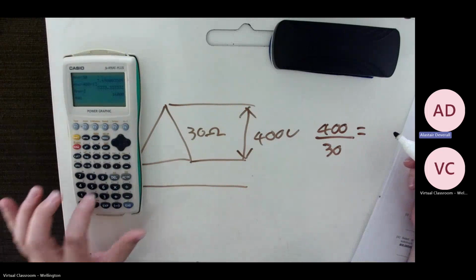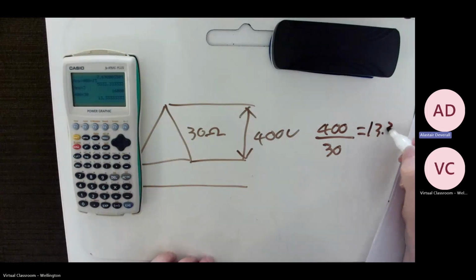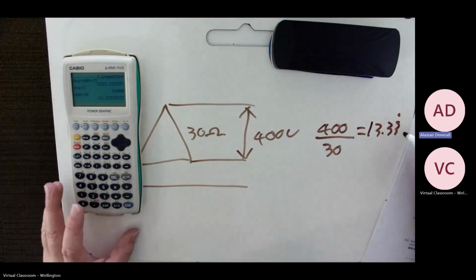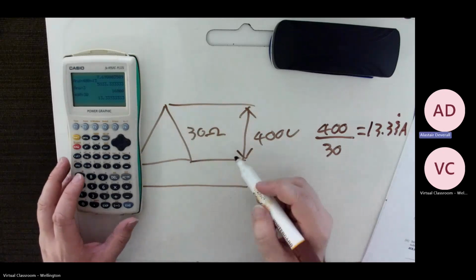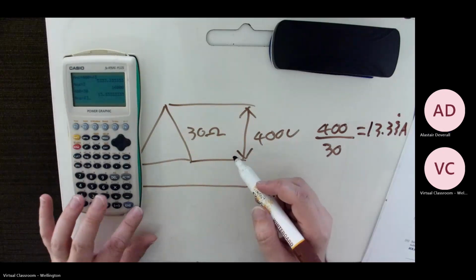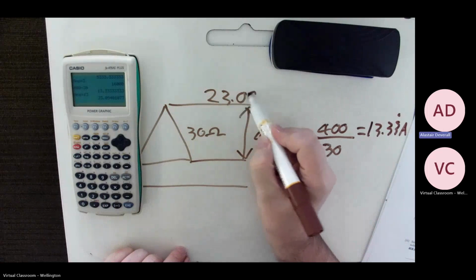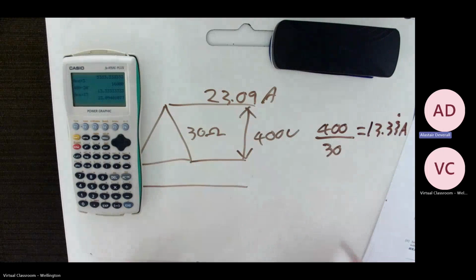So 400 divided by 30, and we end up with 13.33, or 3 recurrent amps. Now, to get the line current, we actually have to multiply that by the square root of 3, which gives us 23.09 amps down our line.